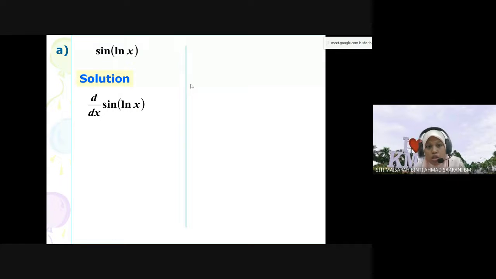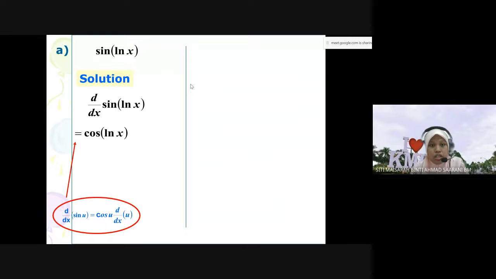We get cos. So what cos? Cos ln x. And then we need to multiply by the derivative of ln x. Differentiating the logarithm becomes 1 over x. So you need to multiply by 1 over x.